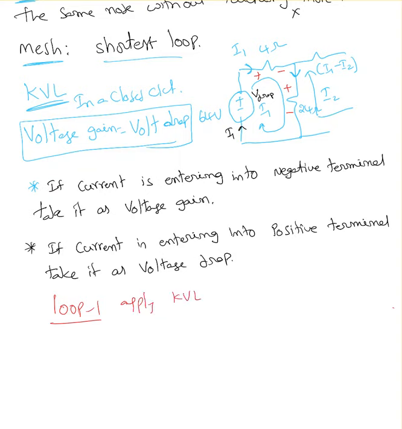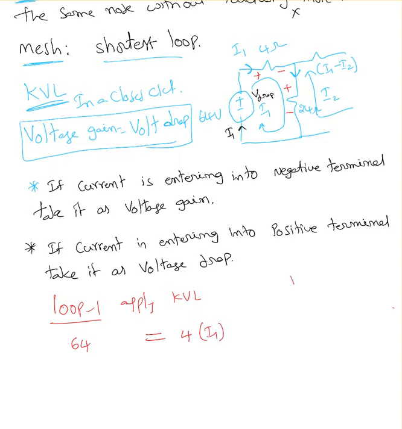So here, what is the voltage gain? That 64 volt is a voltage gain. So I can say that 64 equals, I don't know which one is voltage drop or gain, so I'm going to make a little bit of distance. Now is this a voltage drop or gain? That's a voltage drop because I'm entering through the positive terminal, so that is equal to 4 times I1.